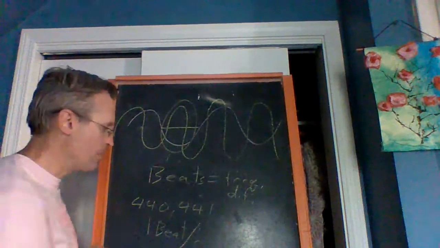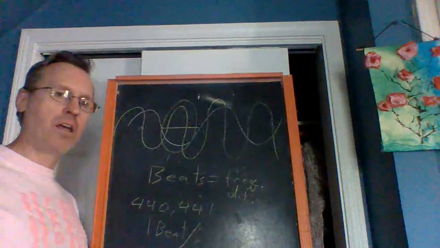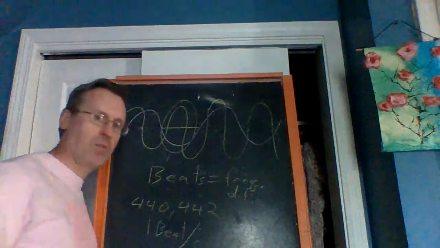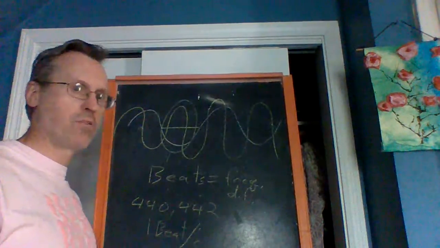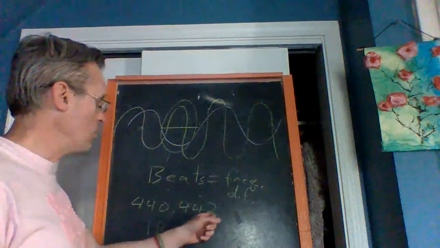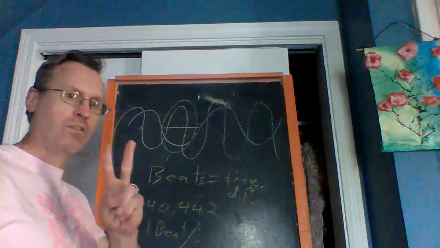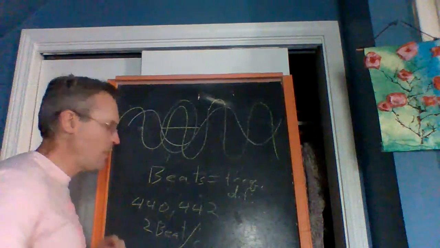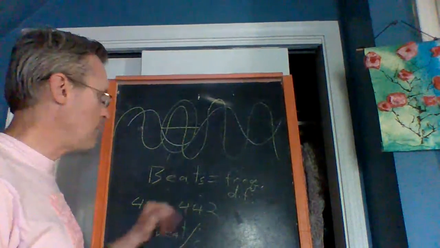When you played the 442 over the 441, most of you described this correctly. You heard the same phenomenon, except it was faster. Notice the difference between the two frequencies is 2 hertz, and so you get 2 beats per second when you overlap those two.